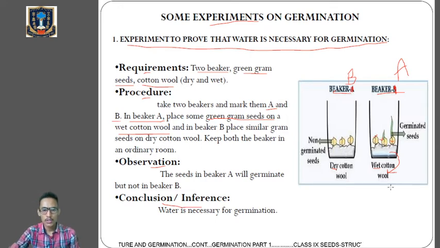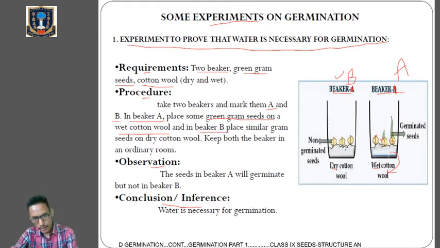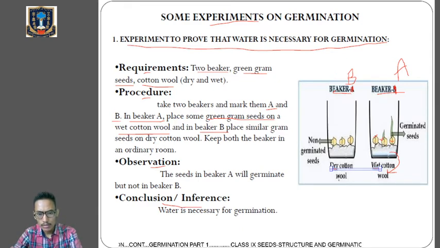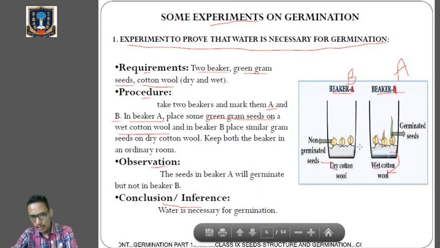Clear? Then similarly in beaker B, we are also putting the gram seeds. Clear? But over here we are using the dry cotton wool. Instead of using the wet cotton wool, we are using the dry cotton wool in case of beaker B. So listen carefully.